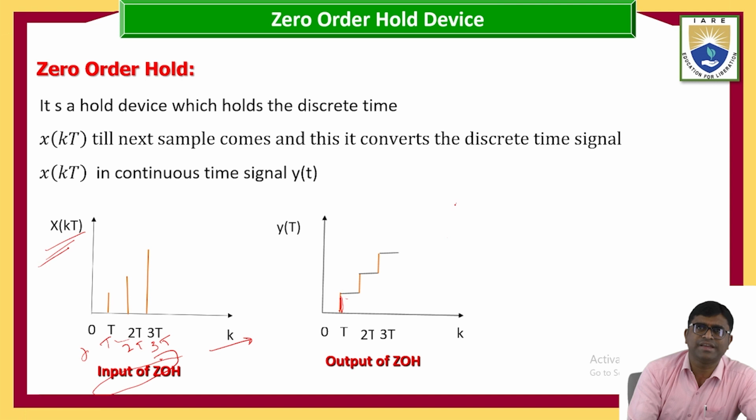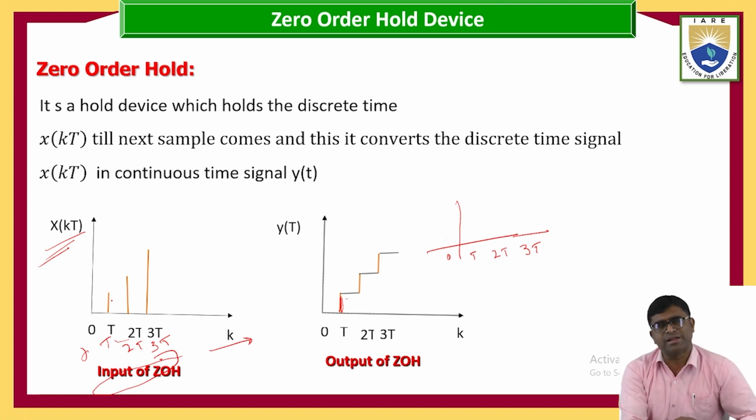I am writing here once again: 0, T, 2T, 3T, like this. From 0 to T it is 0, no output exists there. At T it is going to increase to some voltage level, 3 or 4 or 5.